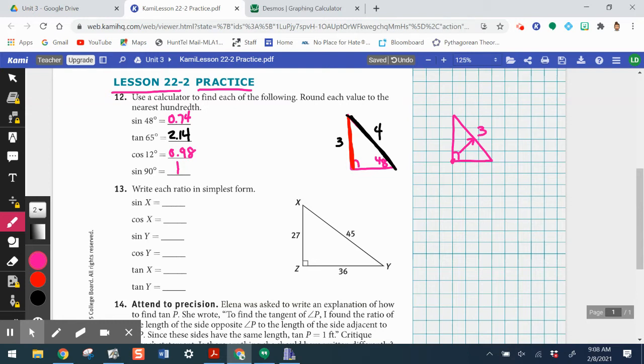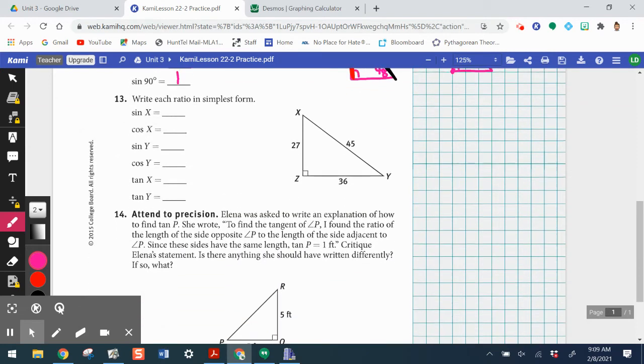Or if the hypotenuse was 6, well, the opposite of that 90 degree would be 6, and then the hypotenuse of that triangle would be 6. It would be 6/6, which is 1. So unique idea here, and again, I love to put it back in context. We're not just evaluating random numbers here. We're putting it in the context of right triangles.